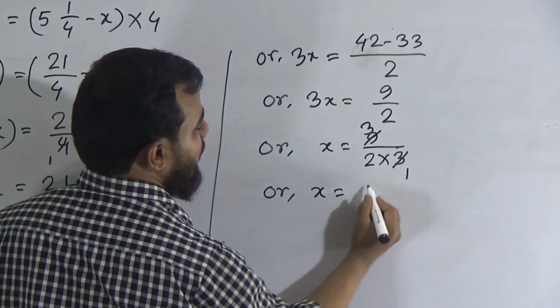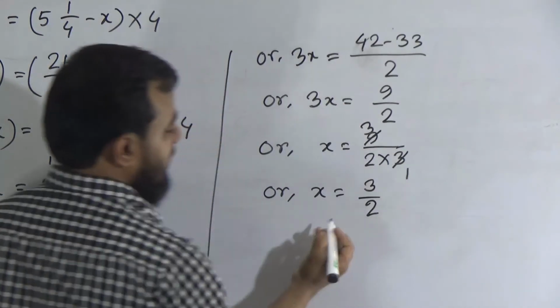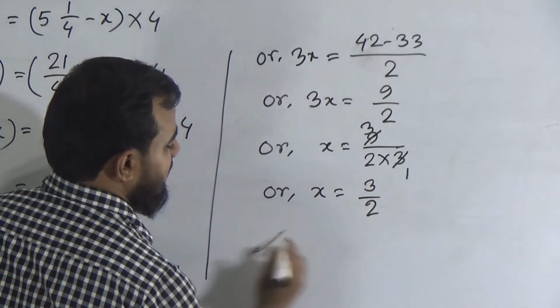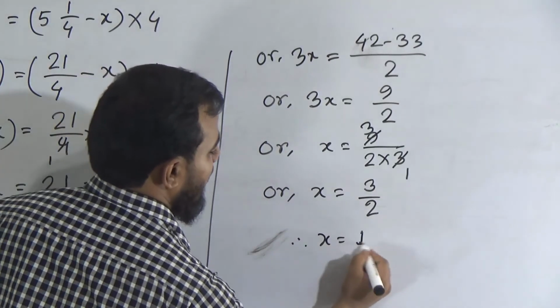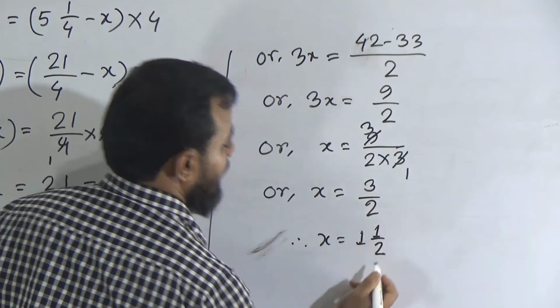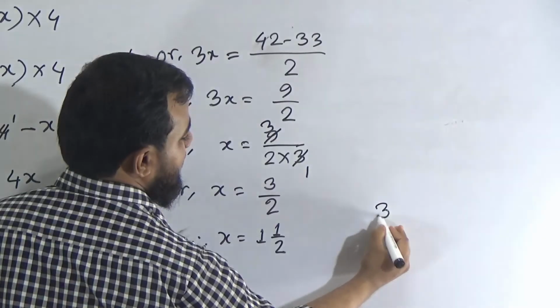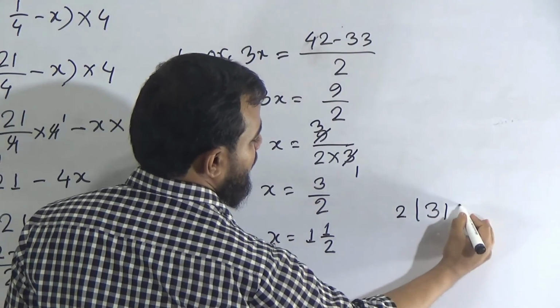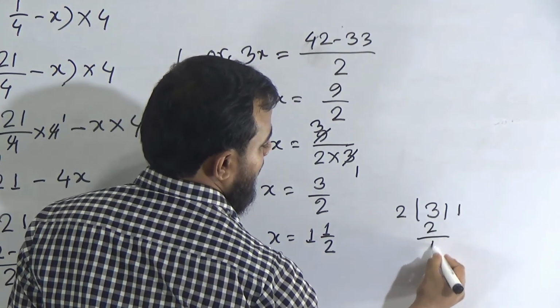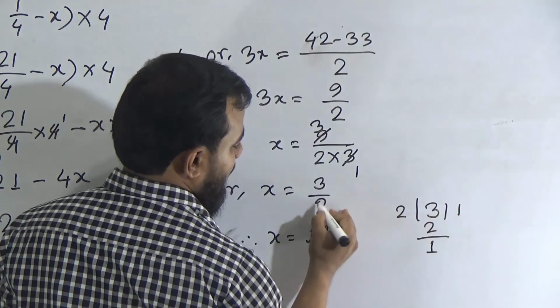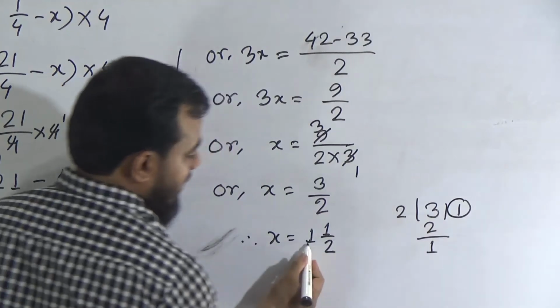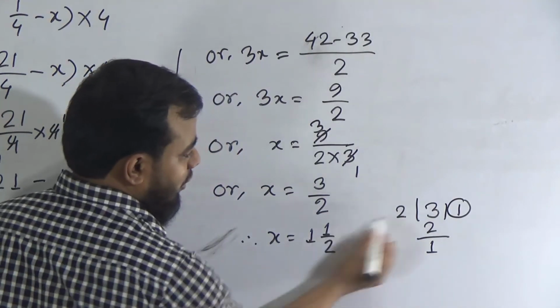The x value is 3/2, and 3/2 can be written as x equal to 1 and 1/2. We can convert this improper fraction to a mixed fraction. How? We have to divide 3 by 2. 2 goes in one time, 2 ones are 2, the remainder is 1. So this improper fraction will be the whole number 1, and 1 as numerator, 2 as denominator.